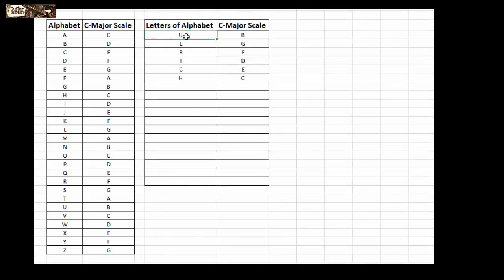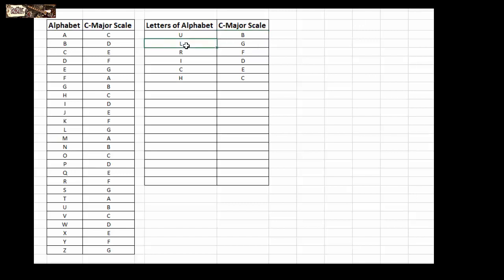So all I did was, using the letters of the alphabet, spell my name like this: U-L-R-I-C-H, and correspondingly, I identified the pitches within the C major scale. The letter U, if I go down here, corresponds to the pitch of B. Hence, I put it right here into this box.